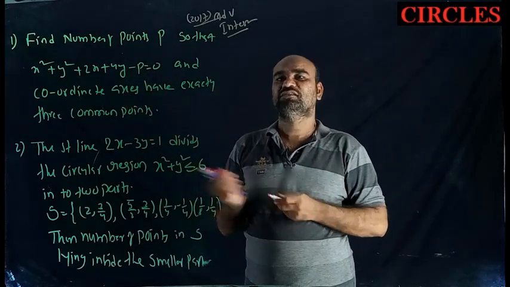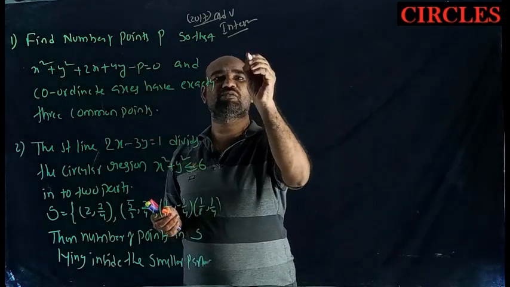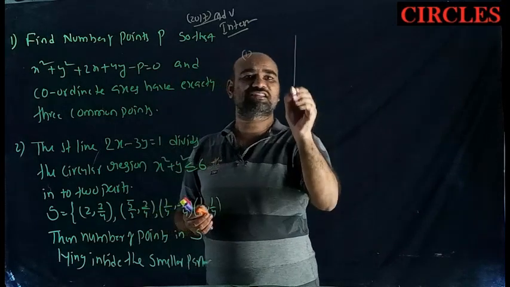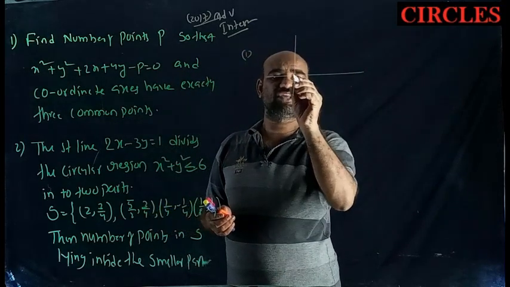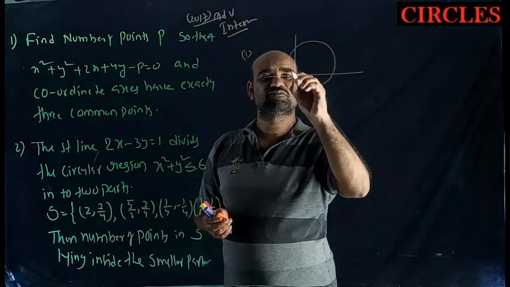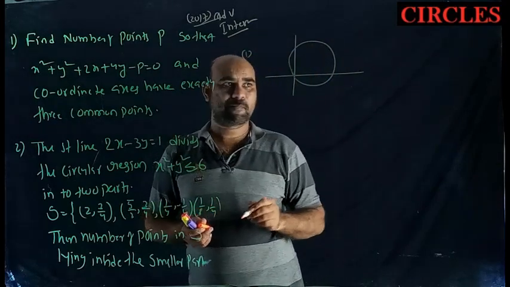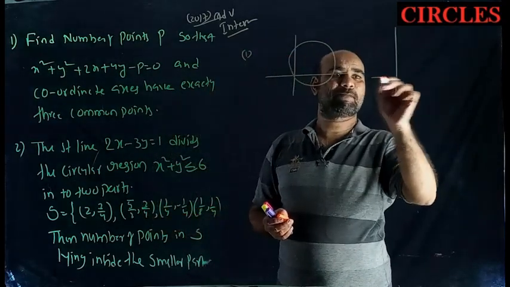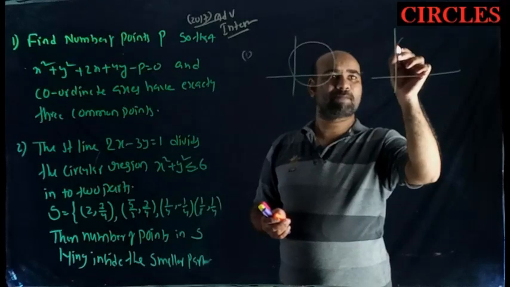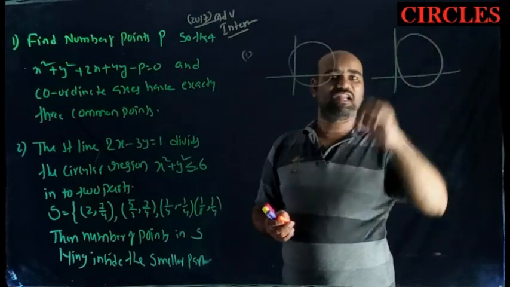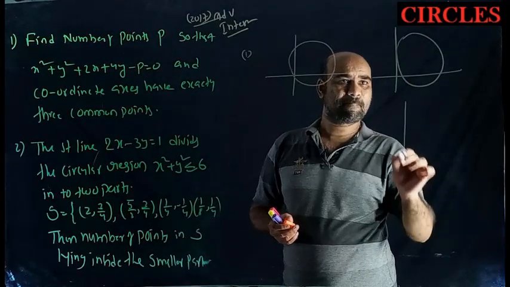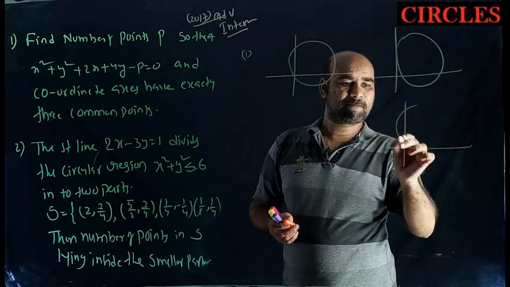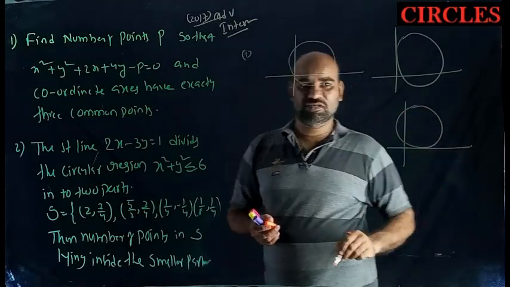Solution for the first problem. The coordinate axes and the circle should have three common points. This is one of the possibilities. Another possibility.